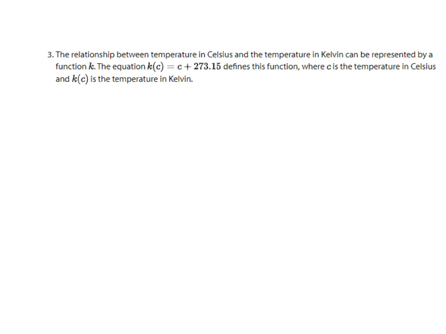The relationship between temperature in Celsius and the temperature in Kelvin can be represented by the function K. Okay, and here is our function. C is the temperature in Celsius and K is the temperature in Kelvin. Okay, my inputs are the temperatures in Celsius, right?